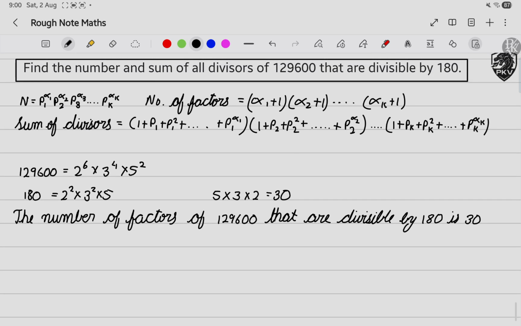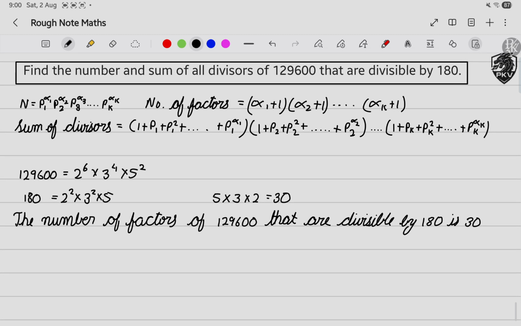And now the second part of the task asks us to find the sum of all those divisors.